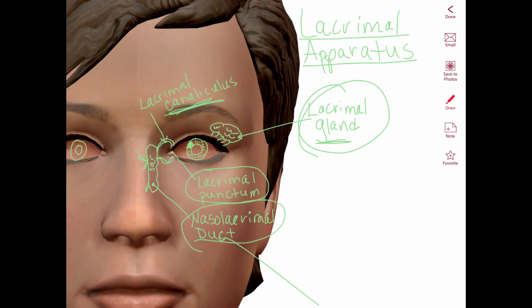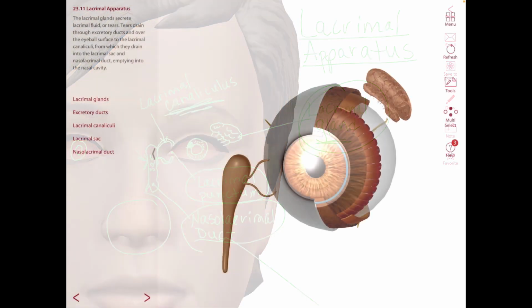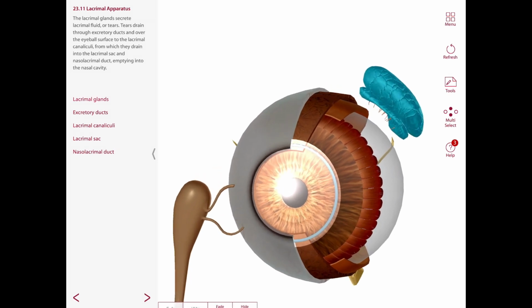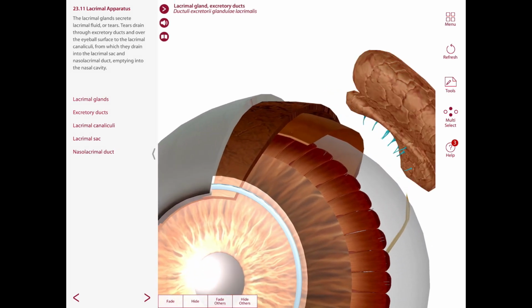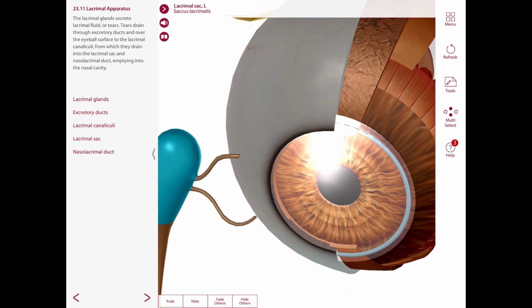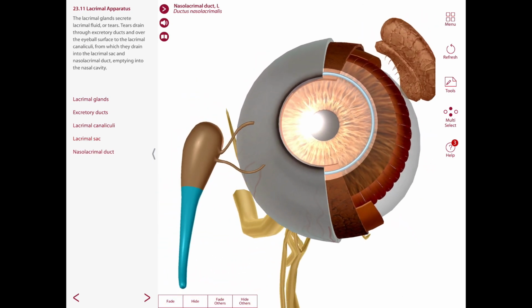The 2 lacrimal canals extend medially to drain tears into the collecting chamber, called the lacrimal sac. And the nasolacrimal duct channels the tears from the lacrimal sac into the nasal cavity. So to summarize, the lacrimal apparatus contains the lacrimal glands, the excretory ducts, the lacrimal canaliculi, lacrimal sac, and nasolacrimal duct.